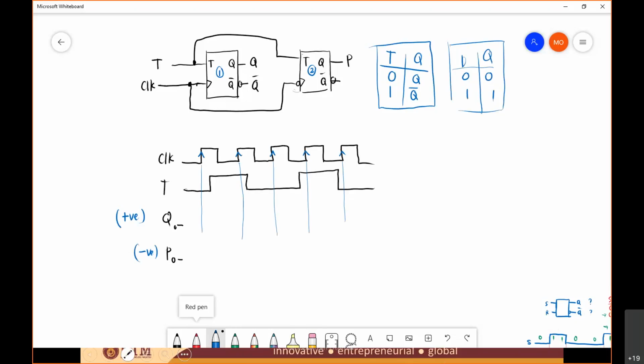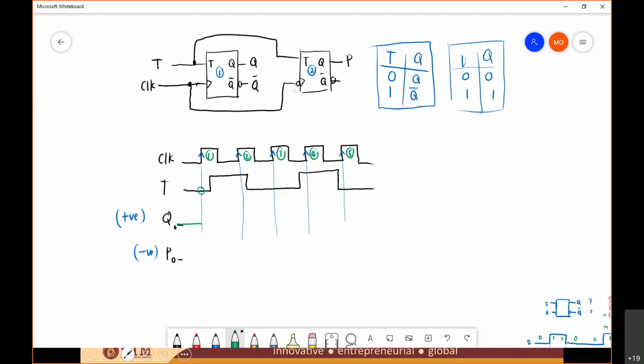Okay, so we find out, we draw the output first. Since this initial value is 0, starting from here until, I count 1, 2, 3, 4, 5. Started from here to the first rising edge, it will be 0. No change here, which follows the previous Q. And then, at the first rising edge, what are you going to do? Look at this, look at the T value. Since this T here is 0, what happens to your Q?